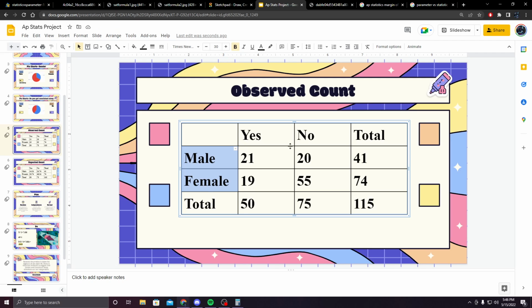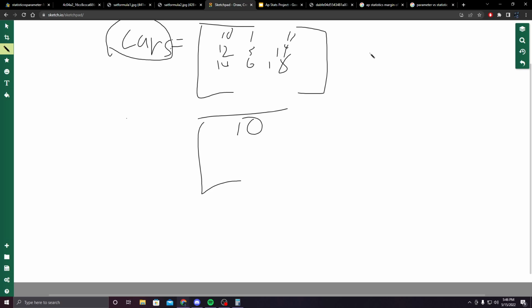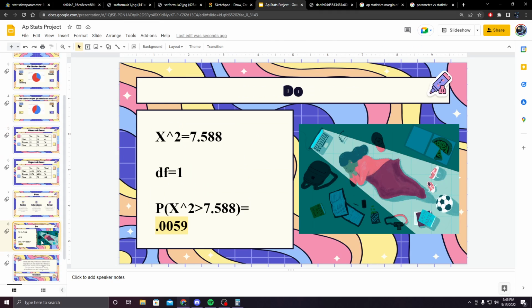So let's say for this example, there's 3 rows, so it would be 3 minus 1, multiplied by 3 minus 1, and it would be 2 times 2, which equals 4. That's your degrees of freedom.